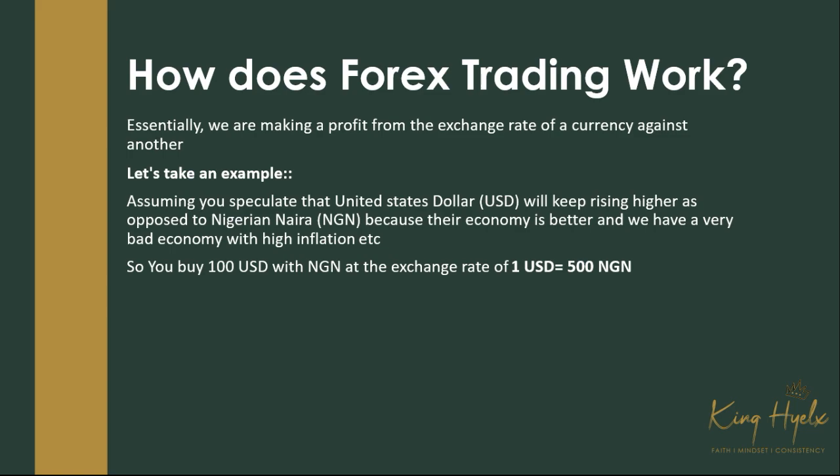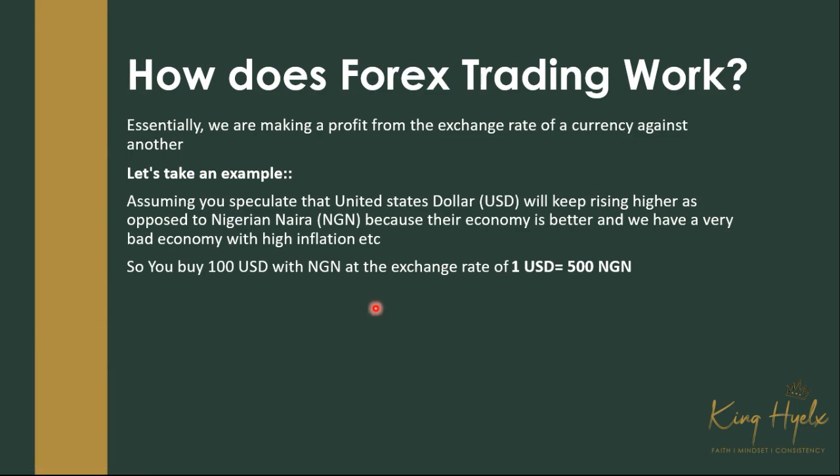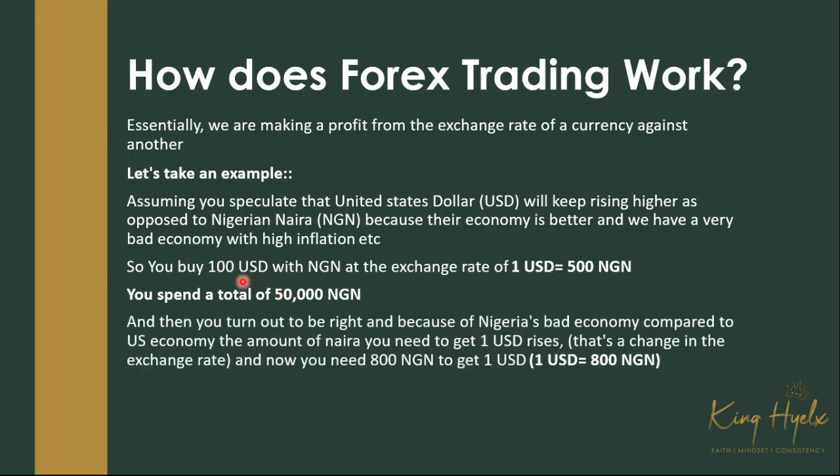In order to buy 100 of those United States dollars, basically you are spending 500 times 100, because you want to buy $100 at the rate of 500 naira to 1. So that means you're going to spend 50,000 naira to get $100.